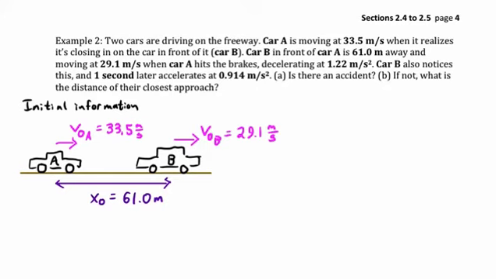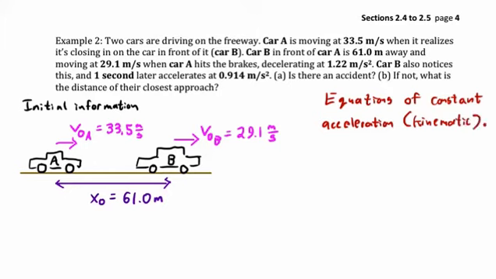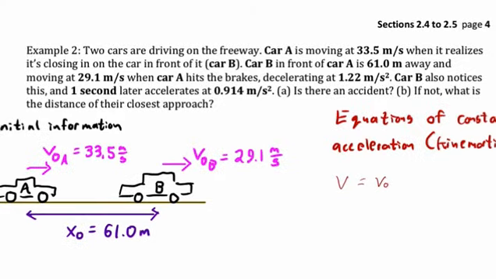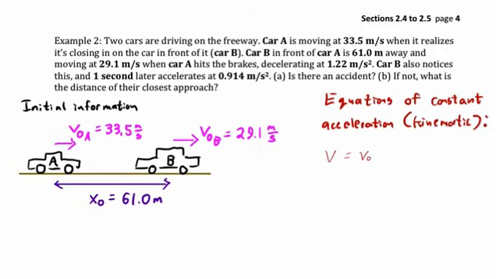The equations that we might want to use are the equations of constant acceleration, the so-called kinematic equations. The helpful ones here: v equals v naught plus at. That's certainly a helpful equation for us.